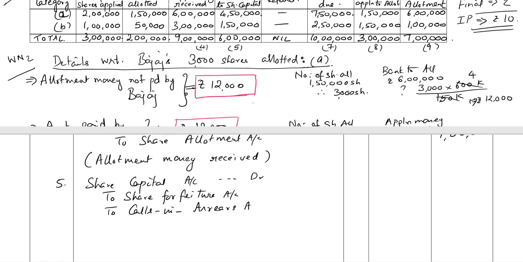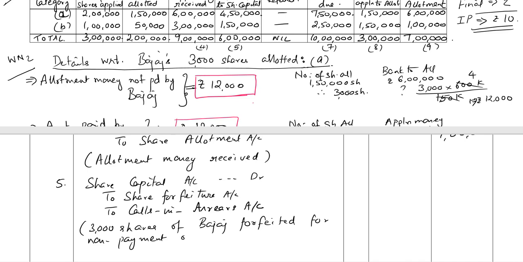That's a change in the forfeiture entry because we have opened the calls in arrears account. So 3,000 shares of Bajaj forfeited for the non-payment of allotment money.